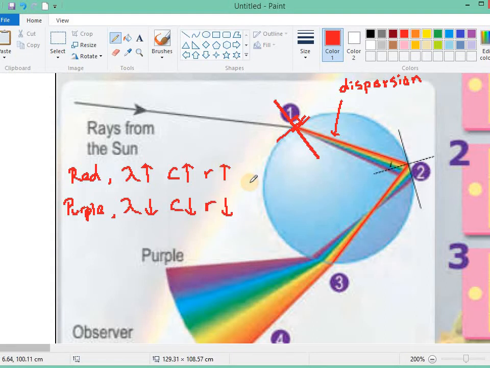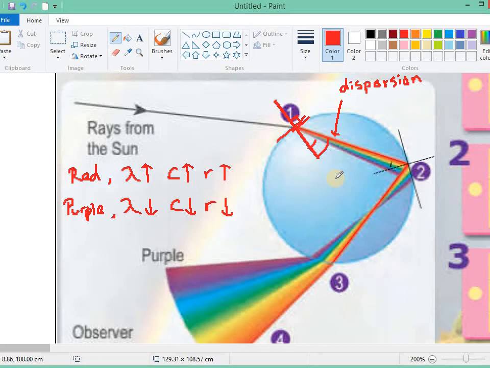You see or not? Okay, so as you can see from here this one is the refracted angle of purple light. This one is the refracted angle of red light. So the refracted angle of red light is bigger. The refracted angle of the purple light is smaller, because the purple light, it bend more, it refract more compared to red light.